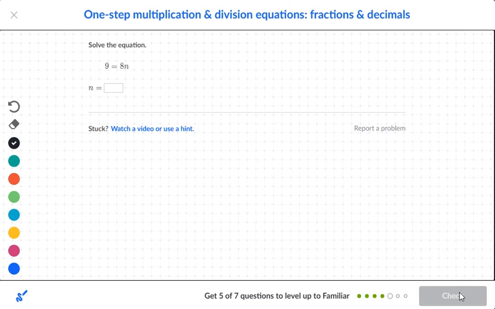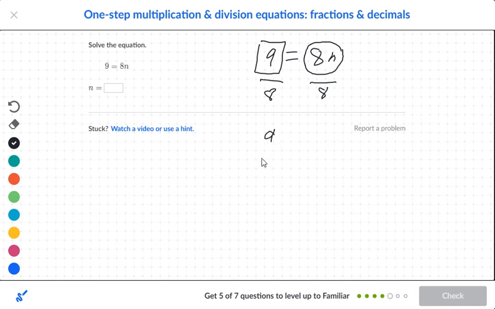Okay, next one, you got 9 is equal to 8n. See, there's not a fraction here, so we can circle the letter, we can box. But see, our letter's not by itself, there's an 8 there. So I can put an 8 underneath both sides. So I get a fraction of 9 over 8.